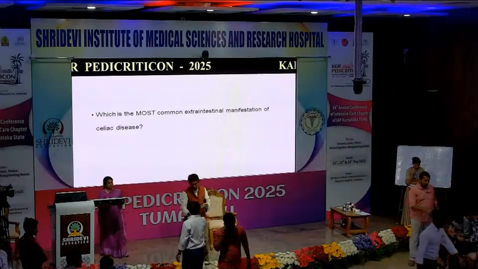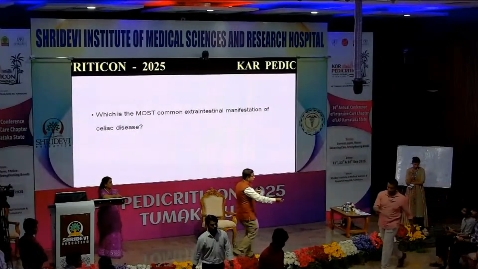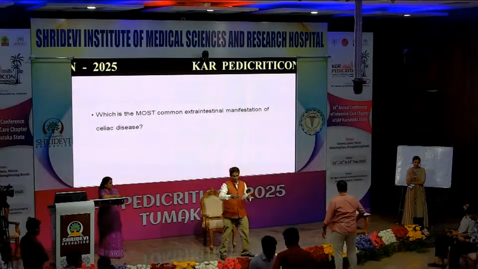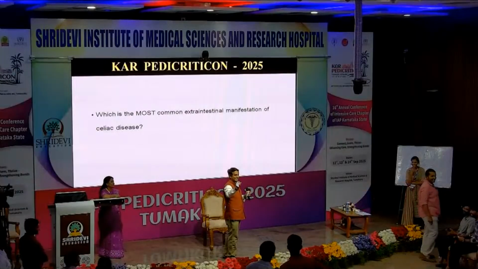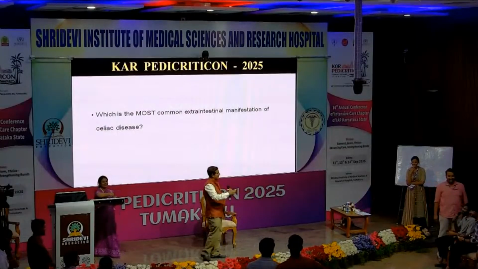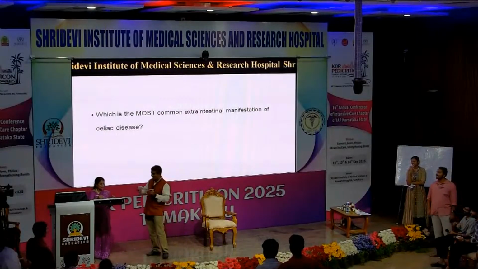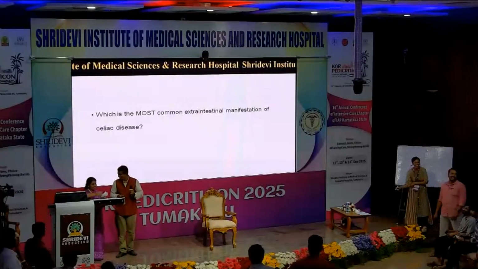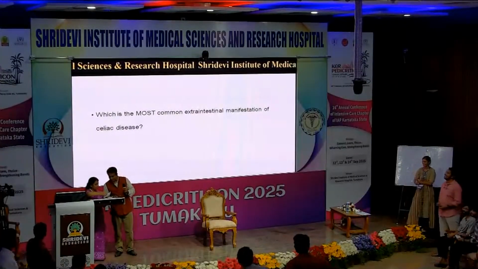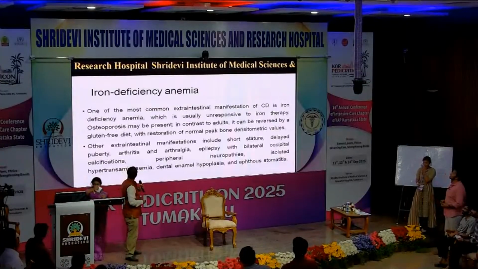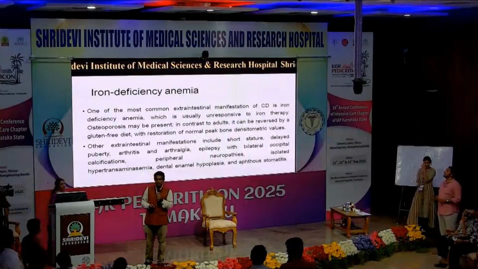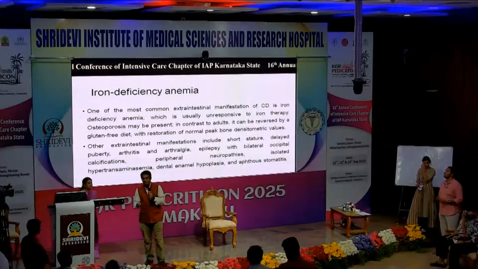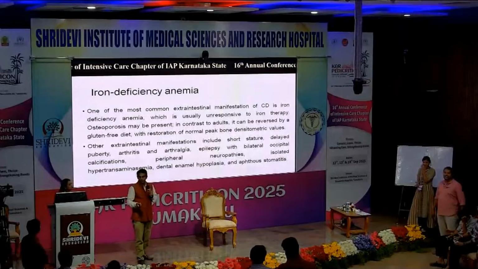Uveitis. Okay, none of you get the answer right. The answer is iron deficiency anemia, due to malabsorption, a very common manifestation of celiac disease. You also see skin changes, failure to thrive, and chronic diarrhea.